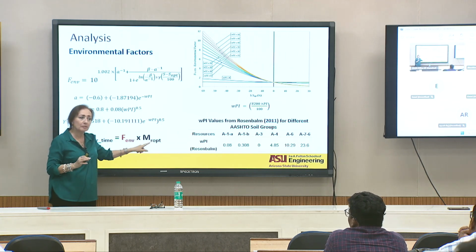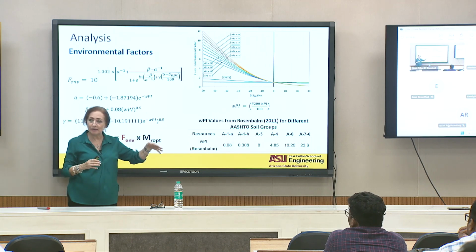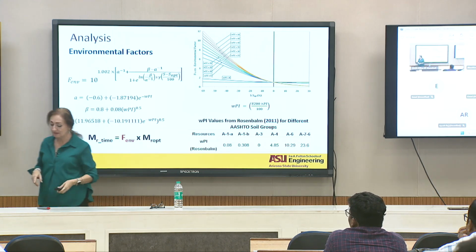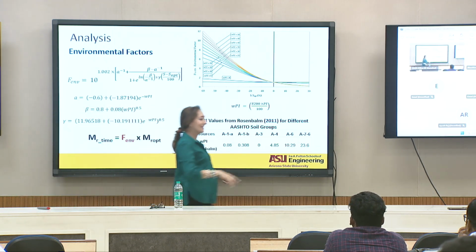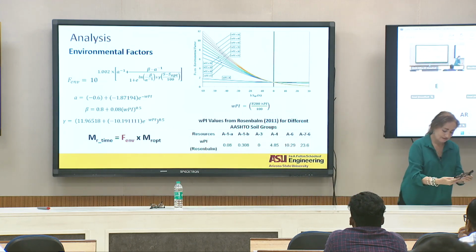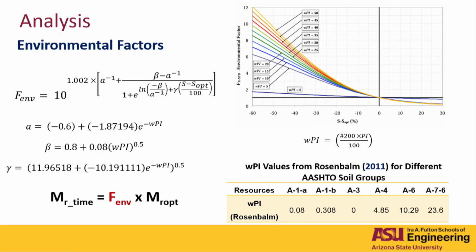Now, because we were able to run a transient analysis and incorporate the change, we are going to use that value of the change in degree of saturation with time, with respect to the initial one that we got, the optimum condition.